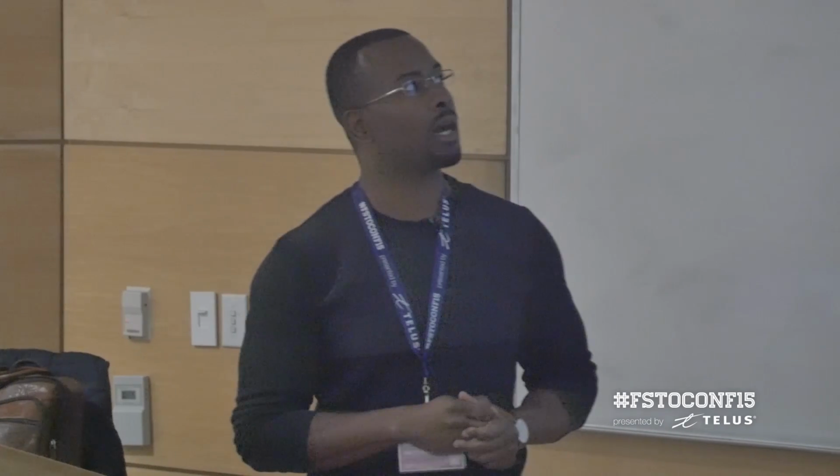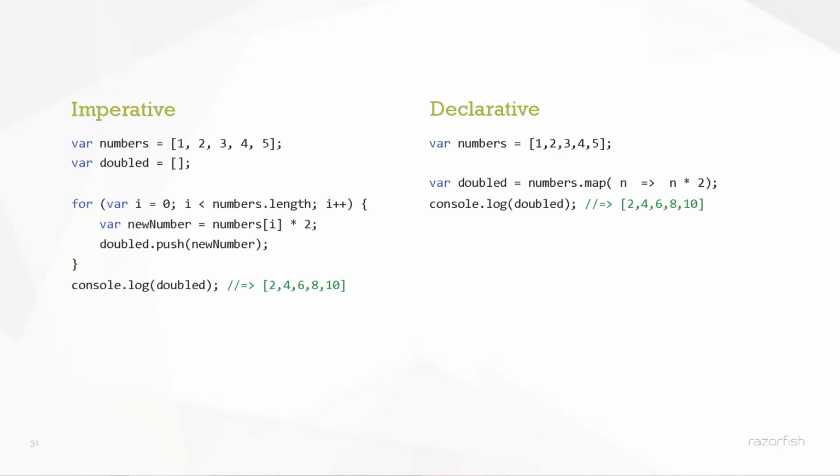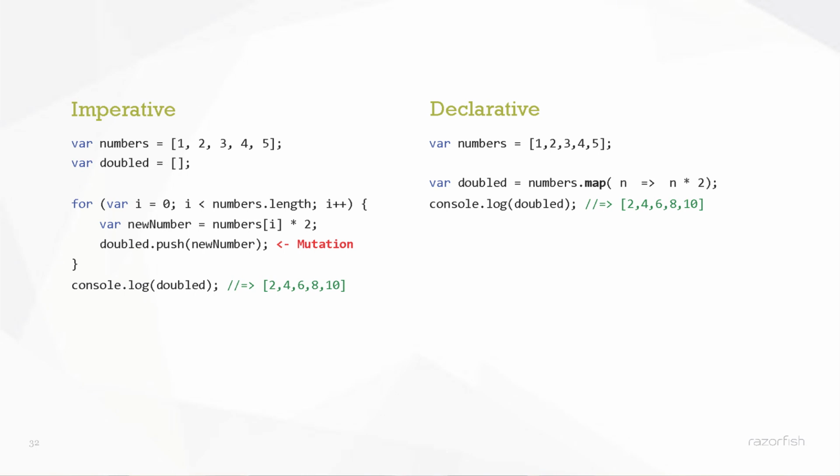So you don't even need a bracket if you only have one argument. So this is a comparison between two functions, two operations that do the same thing, but one is done in an imperative style, one is more of a declarative style. What it's doing here is just taking a set of numbers and doubling them. So you can see it defines two variables, goes over a loop, and then it mutates the doubled array by pushing the new numbers in. You get a mutation there.